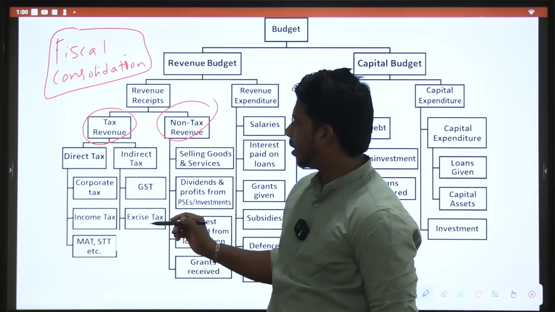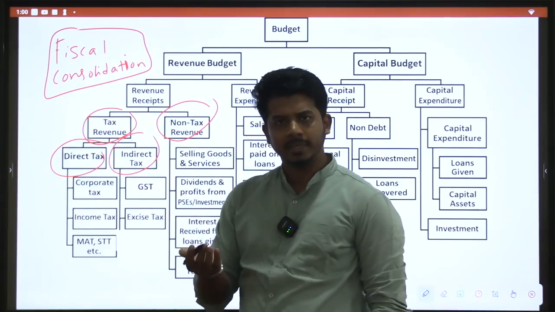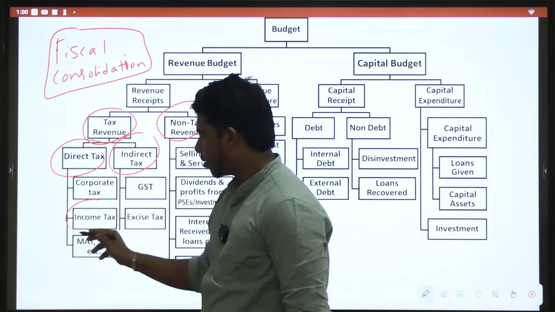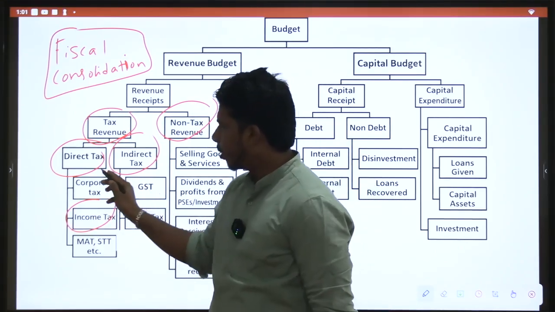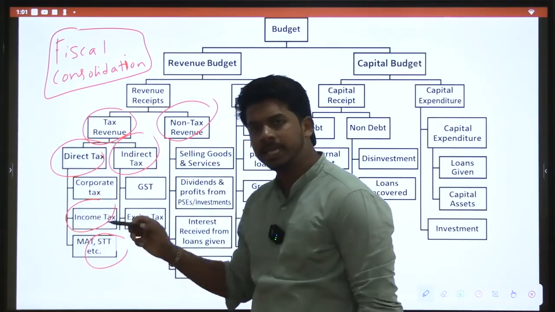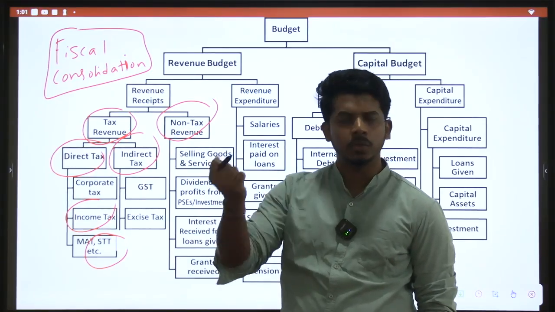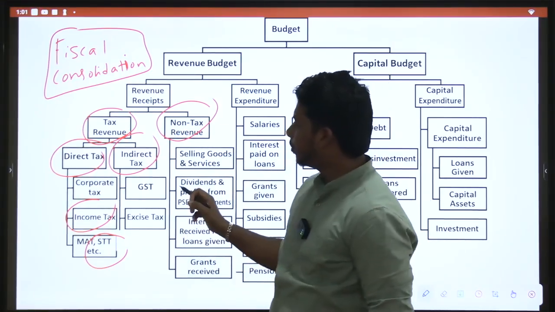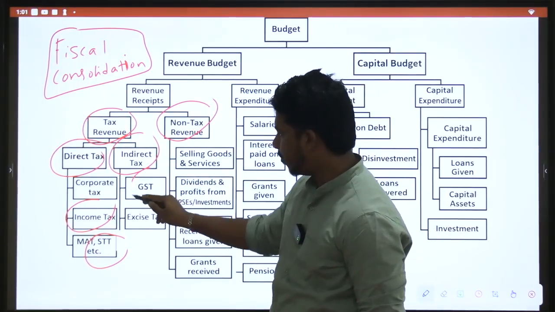So under tax revenues, we have direct taxes and indirect taxes. What are direct taxes? The income tax people pay on their income, salaries, etc. Corporates, companies pay corporate tax. Then there is something called STT, securities transaction tax on selling and buying of stocks, shares, etc. Then there are indirect taxes like GST.